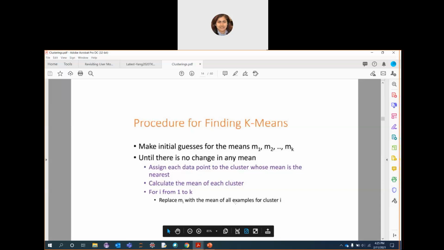That new mean will replace the old mean. So each time you just have to update the mean values until there is no change in any mean. This is the basic k-means algorithm.